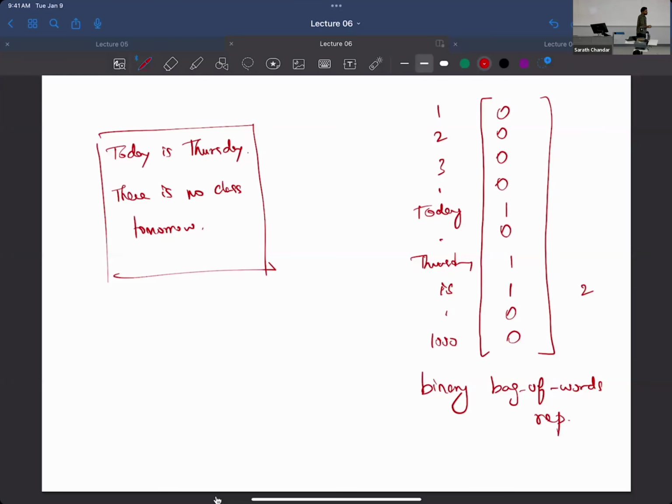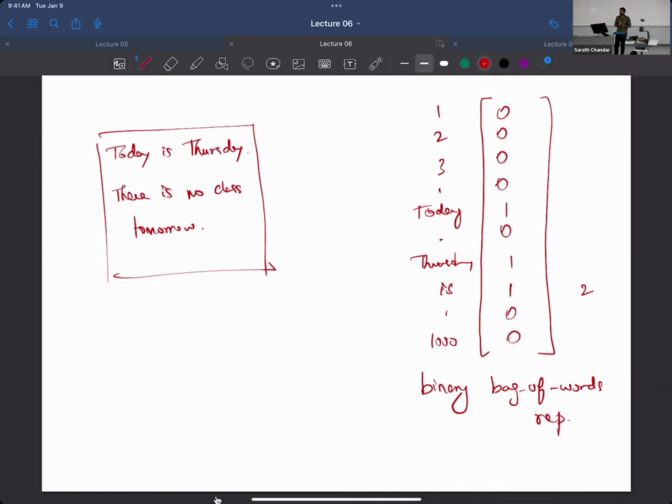You could actually have the number of times each of these words appeared in the document if you want to somehow capture this information as well. So you could use either of these representations. But because we are learning Bernoulli Naive Bayes, it can only use binary features, so we're going to use the binary bag of words representation.